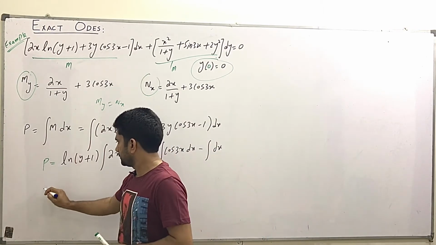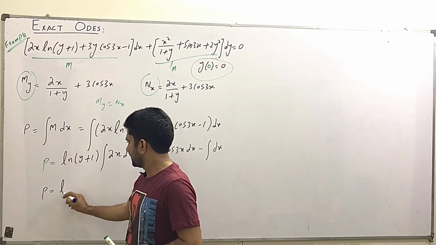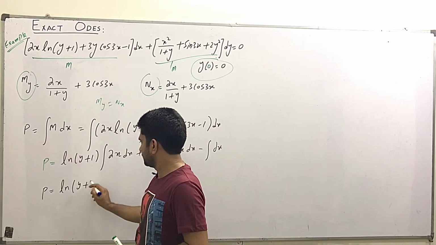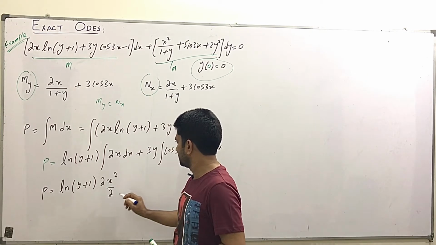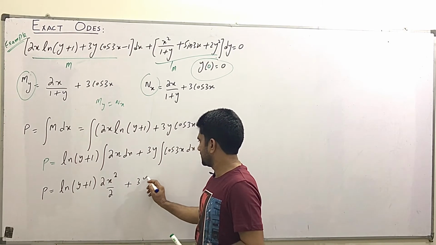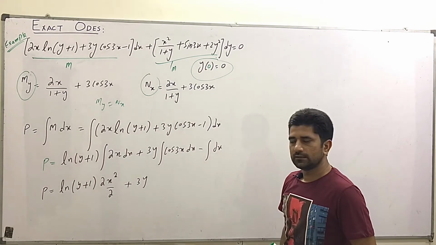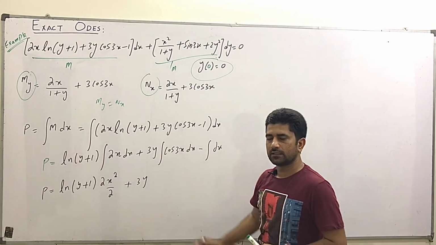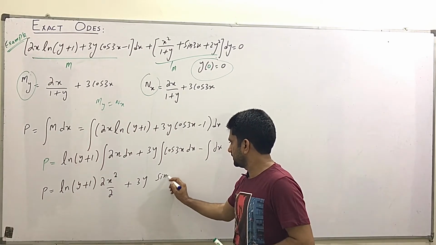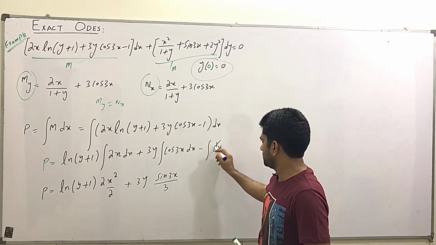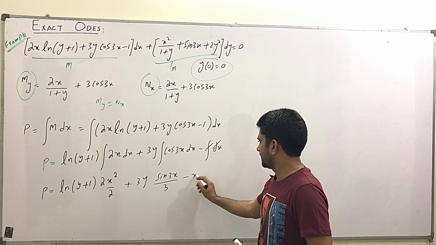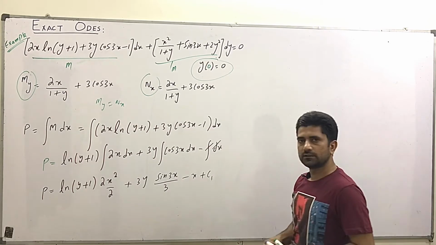So P is equal to ln(y+1) and 2 times x² upon 2, plus 3y as it is, and the integral of cosine is sine, so sin 3x, and in the denominator we have 3, and this 3 and the 3 will cancel out, and we have minus x plus some constant.